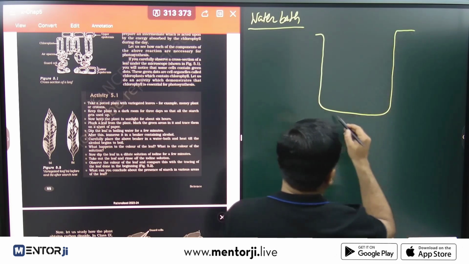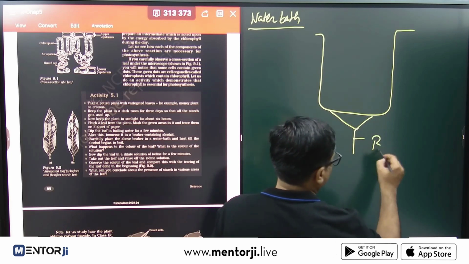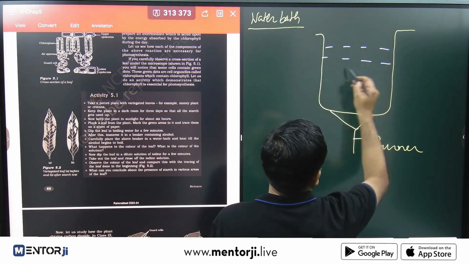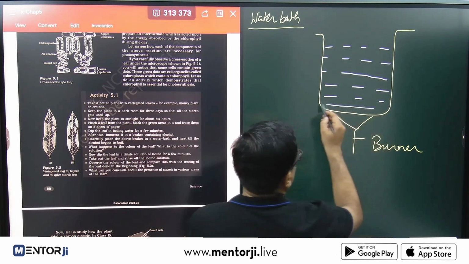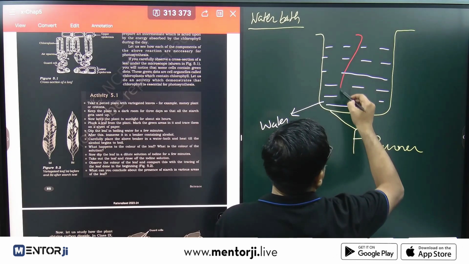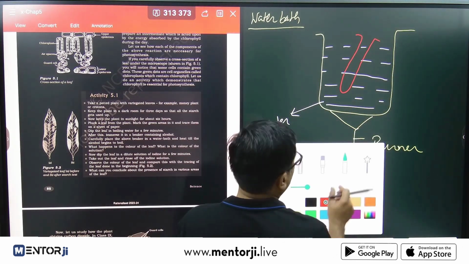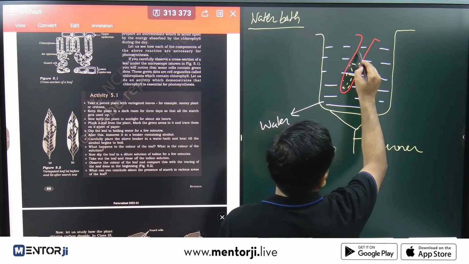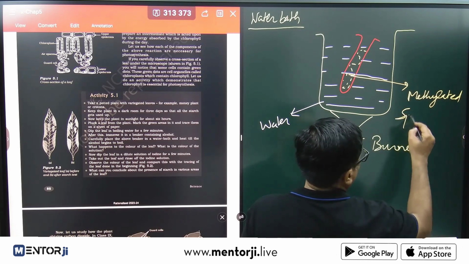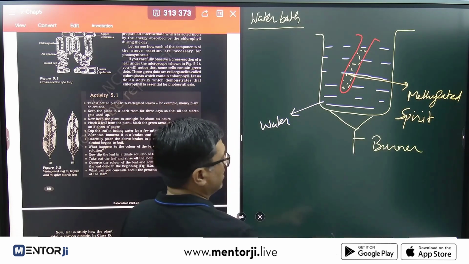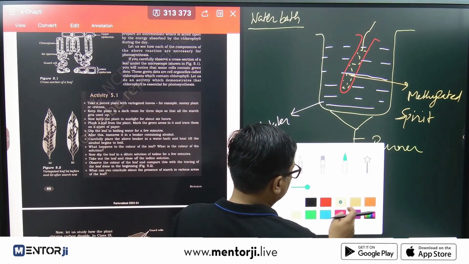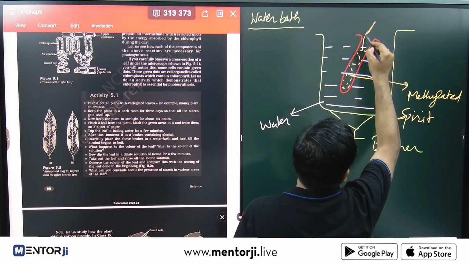We take a beaker and heat it with the help of a burner, and we take water in this beaker, and we take a test tube, and in this test tube we put the methylated spirit, ठीक है, and then we put the plucked leaf. अब हम उस लीफ को इसके अंदर डाल देते हैं.